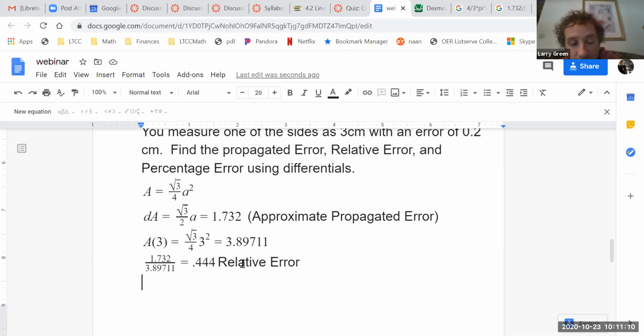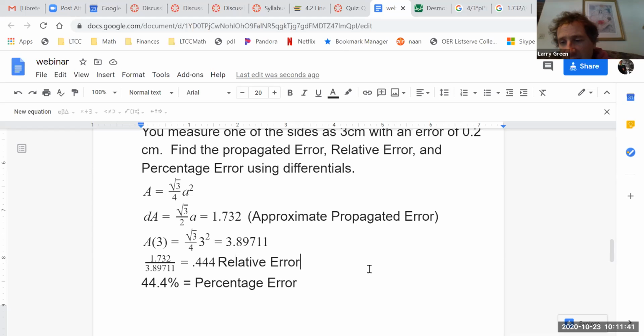Yeah, 44.4% is equal to the percent error, percentage error. Okay, by the way, that's a pretty big error, isn't it? So that's just a note. It's very important to know, do you have a big error or a little error when you're doing this kind of stuff? It's kind of a percent change.